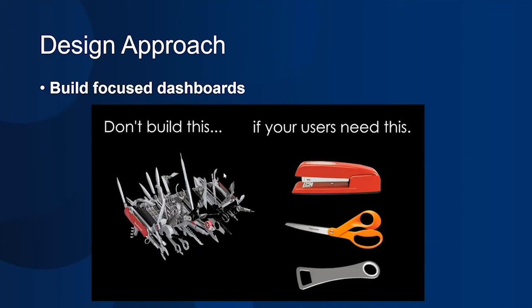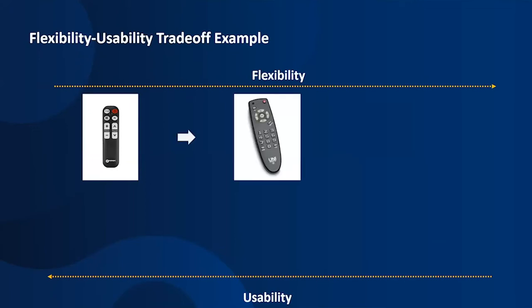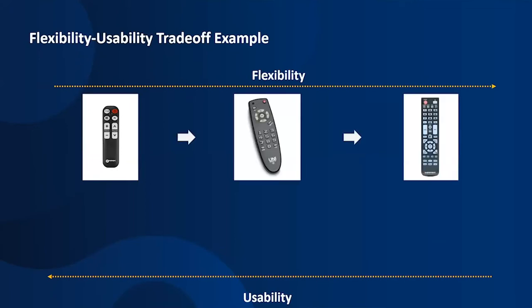Imagine this is a dashboard with a lot of widgets, maps, and information, while you can create a map, one widget, and one summary, for example, or one list. So you have to think about what goes on the left and the right, not add all kinds of information to your dashboard. Again, flexibility versus usability. For example, I have a remote control here.